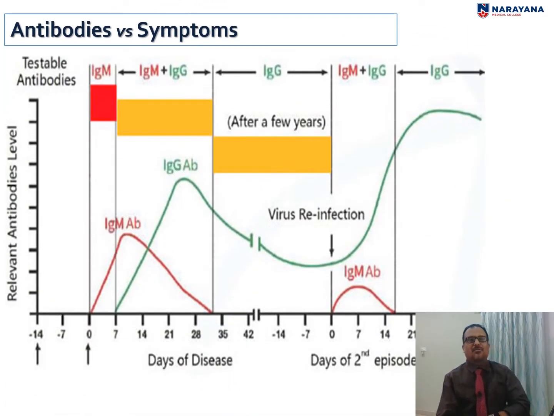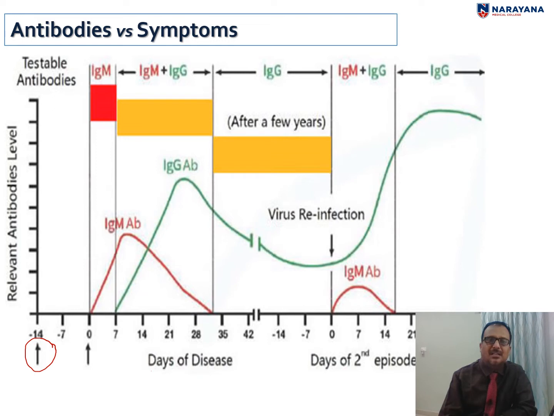And then we will see the antibody production and its relation to the symptomatology of COVID-19 infection. After an infection, after 7 to 14 days, or depending on the incubation period, which we now take as around 14 days, the IgM starts producing.